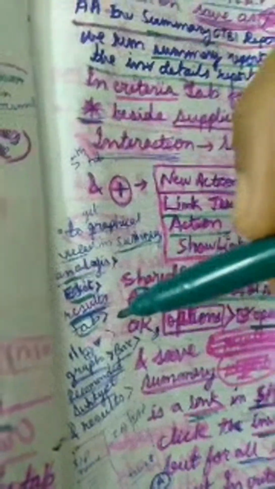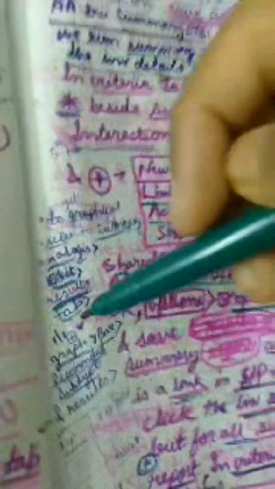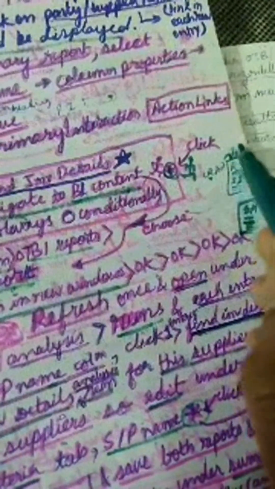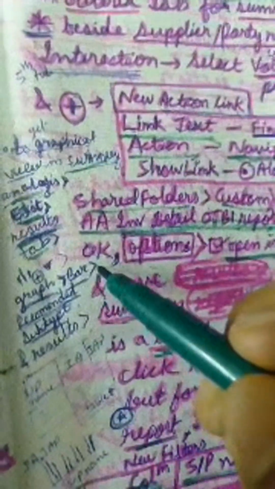So you have a bar kind of symbol here on the top, and it usually comes at the top in the results tab. Just click on that and select graph, and what kind of graph you have to select, bar.